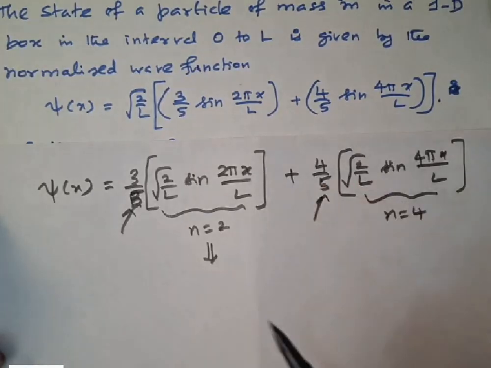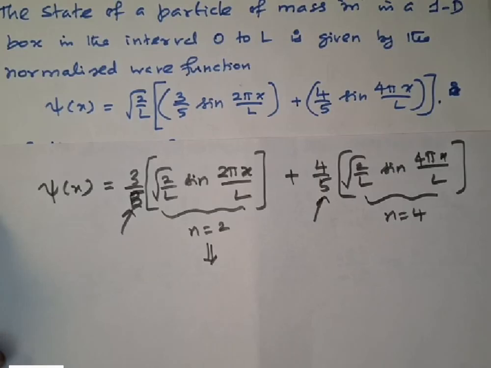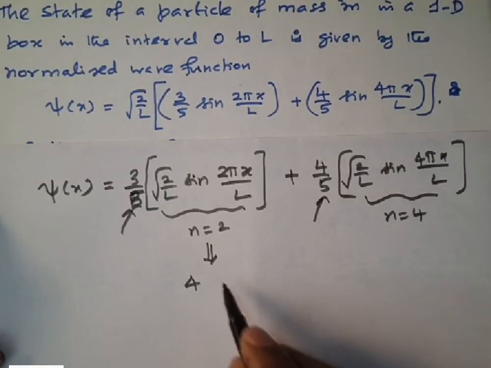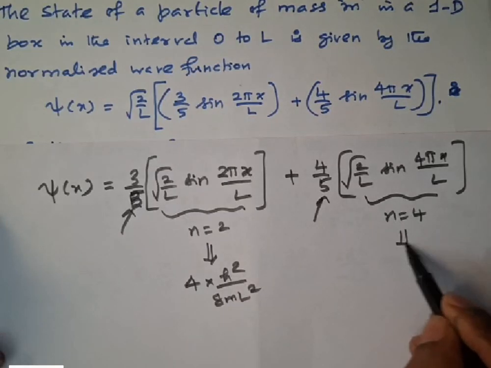What will be the energy? The energy formula is 4 h square by 8 ml square. Very good. If n is equal to 4, what's the outcome?